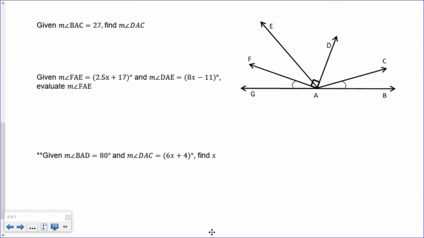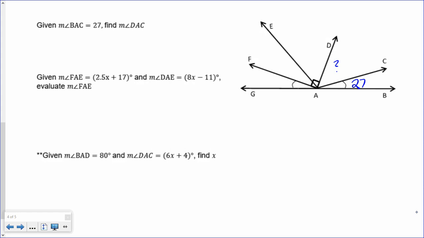These next questions are all based on this picture. The first one says that angle BAC is 27, this guy right here. And then DAC, which is what I'm trying to find, this right here. What does this mean? It's a right angle. Does that stand for a number?